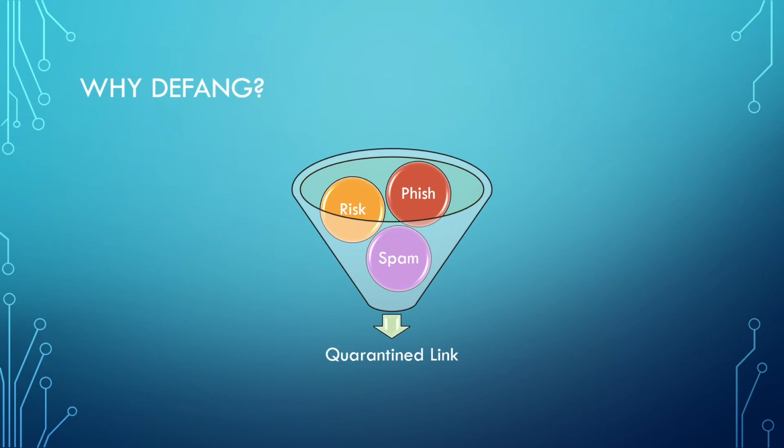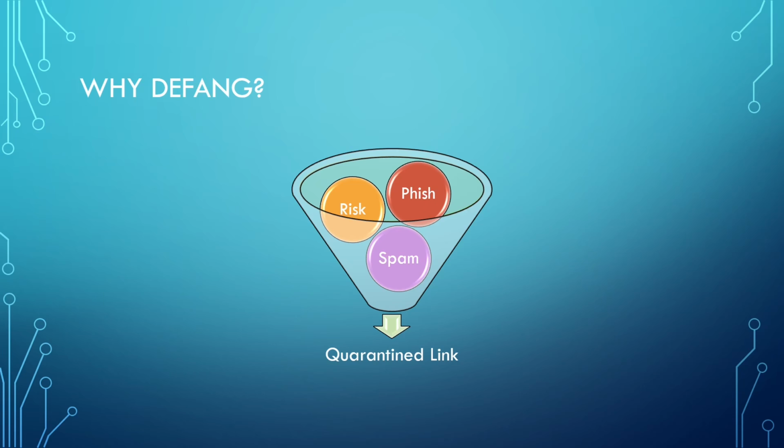So why defanging? Defanging is taking a malicious URL or a malicious domain and turning it into a non-clickable domain, so you don't risk possible infection by clicking on it. Imagine someone in your accounting department gets targeted by a phishing campaign that says, "Hey, click on this Amazon link and you're going to get 25% off for this holiday season."